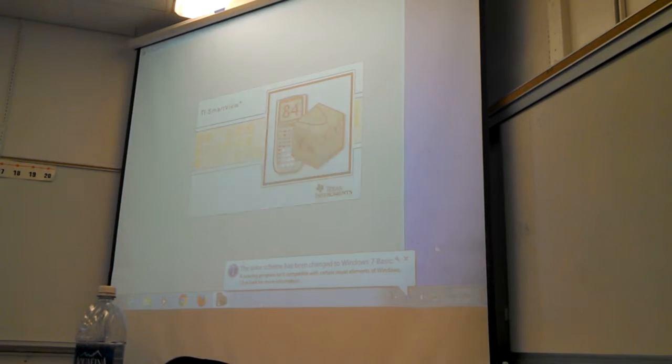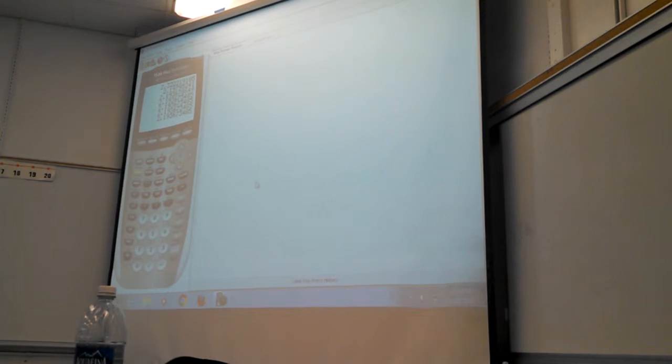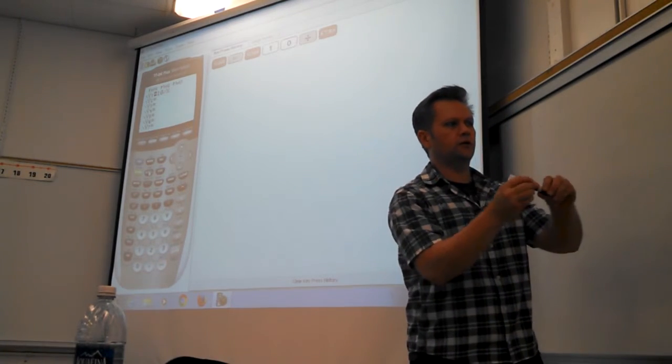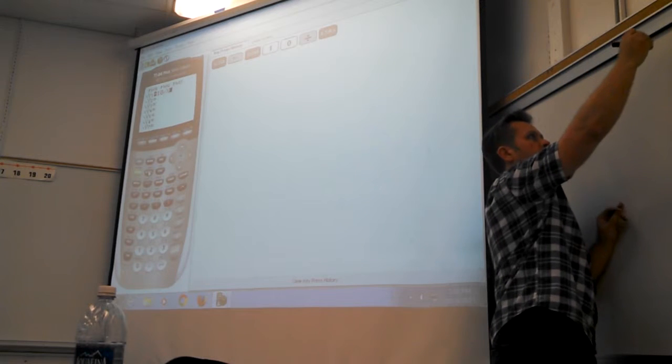The calculator costs enough money, it should be able to do some of this stuff. Ooh, look at that, nice. So if I put in here the function I'm dealing with, 10 divided by x, and I'm going to introduce a symbol. I'm doing some of this earlier than normal, but oh well. I just love the visual of this.